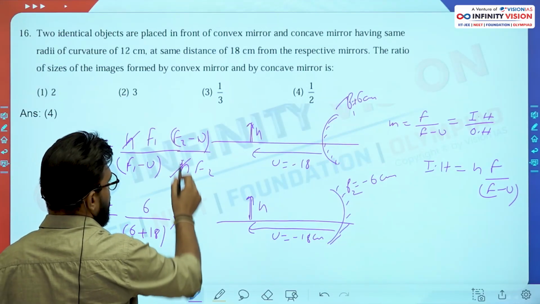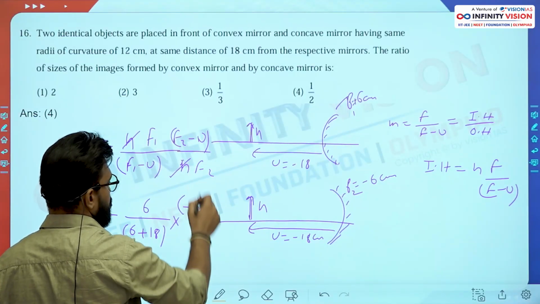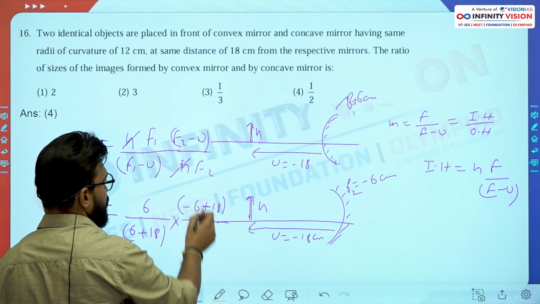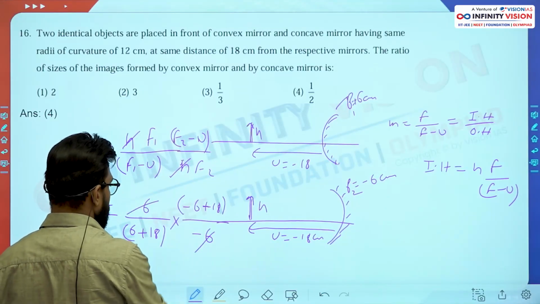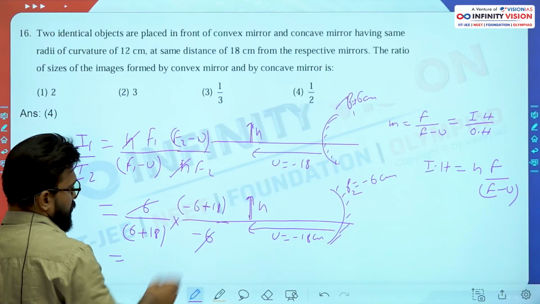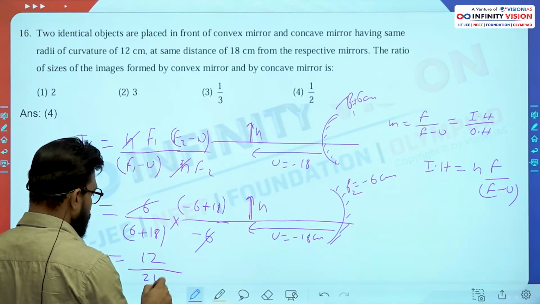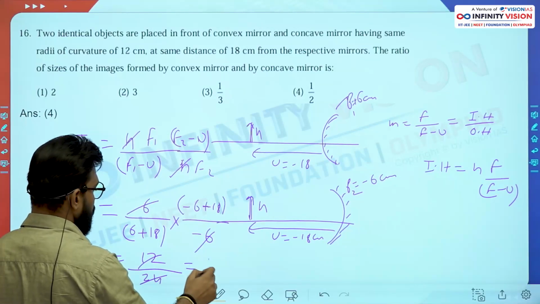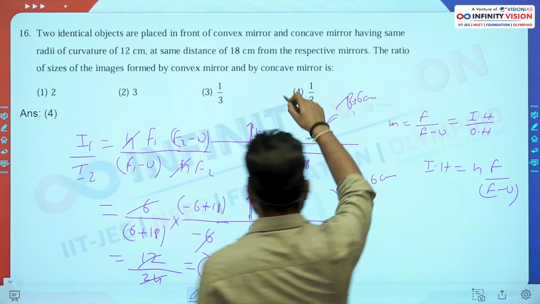For f2, it is minus 6 minus of minus 18, and f2 is minus 6. The 6 is going to cancel out here. It would be 18 minus 6, which is plus 12, over 24. It comes out to be half. The final answer is half.